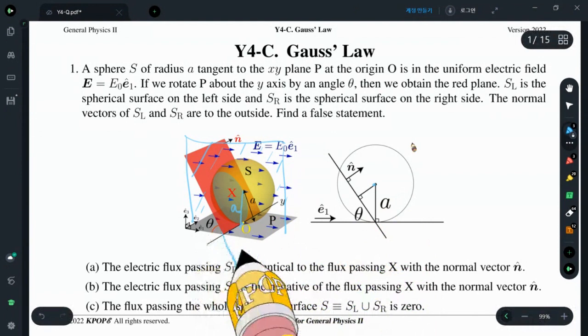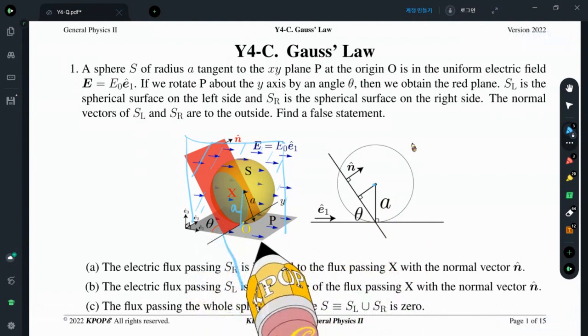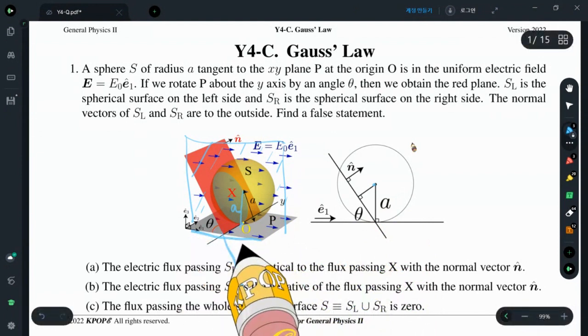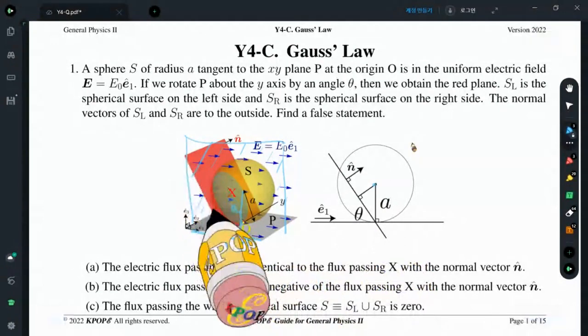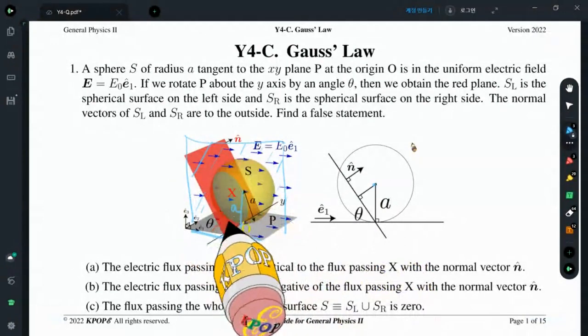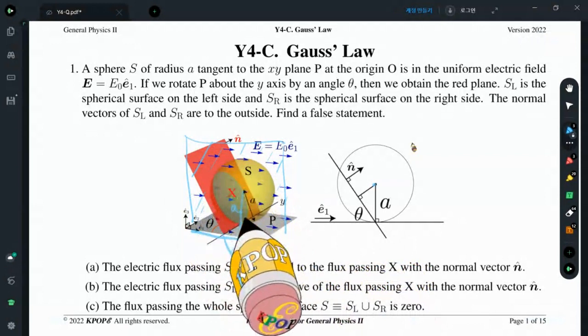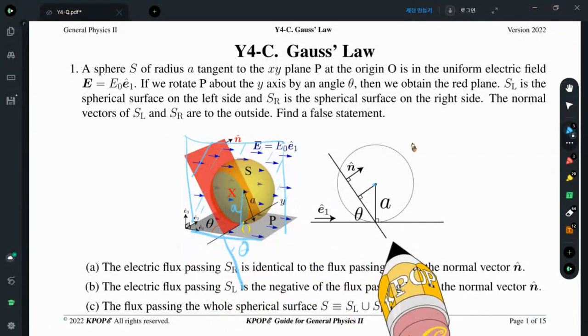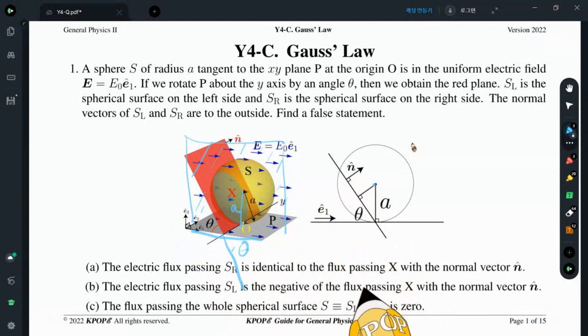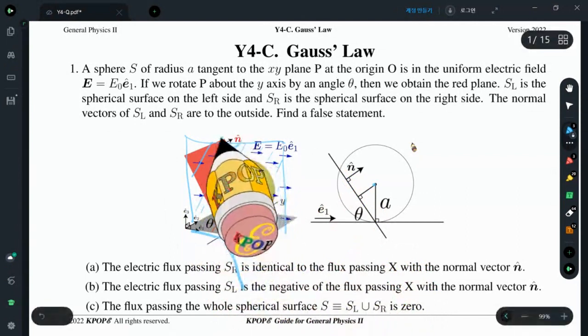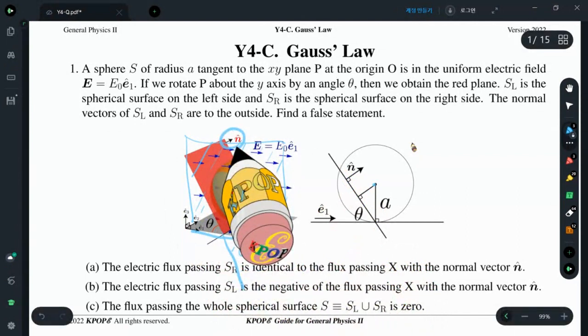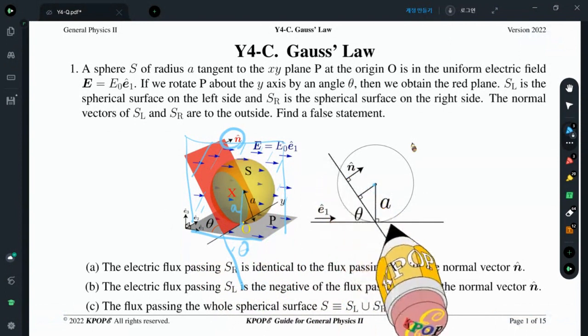Because this line has been rotated from this line by an angle theta, this plane that makes the cross-sectional area X is shown as a straight line. And the normal vector n hat is perpendicular to this line.